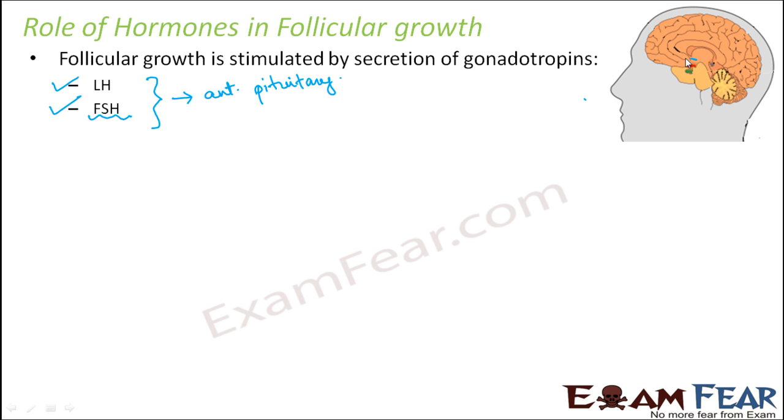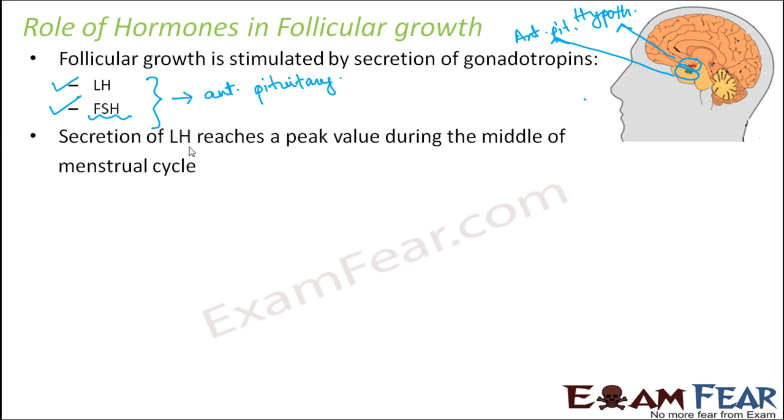If you see here, this one is the hypothalamus, and this hypothalamus instructs the anterior pituitary to secrete these hormones, and then these hormones act on the ovary and influence or stimulate the process of follicular growth.